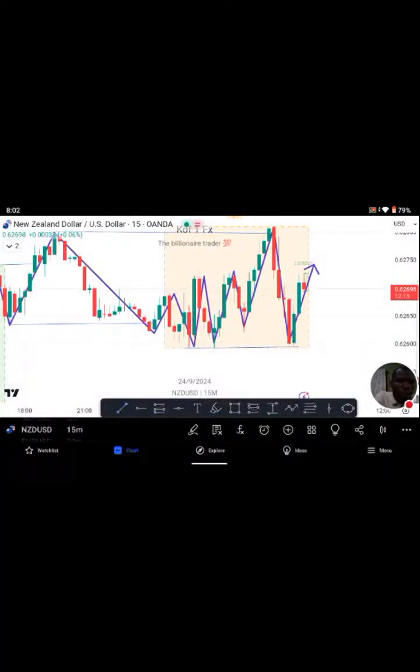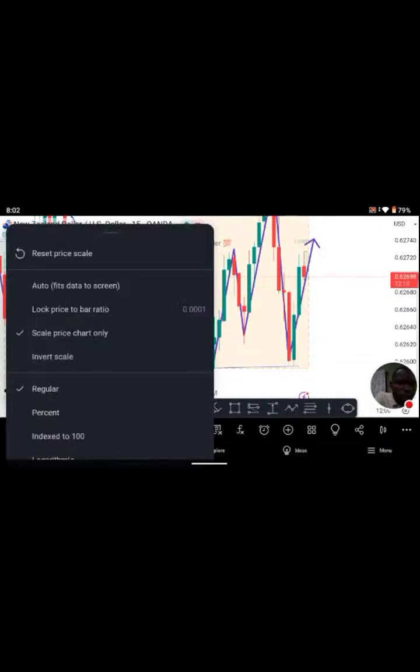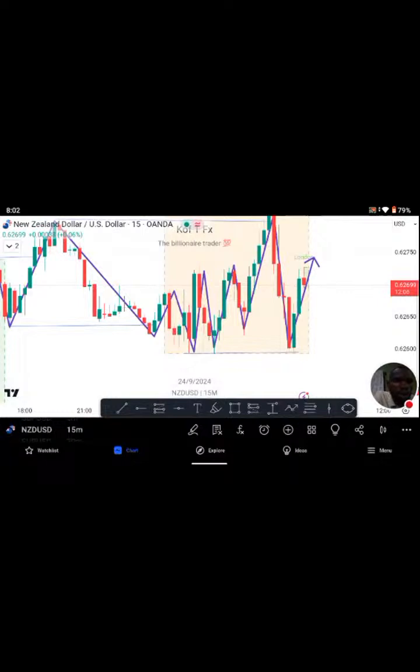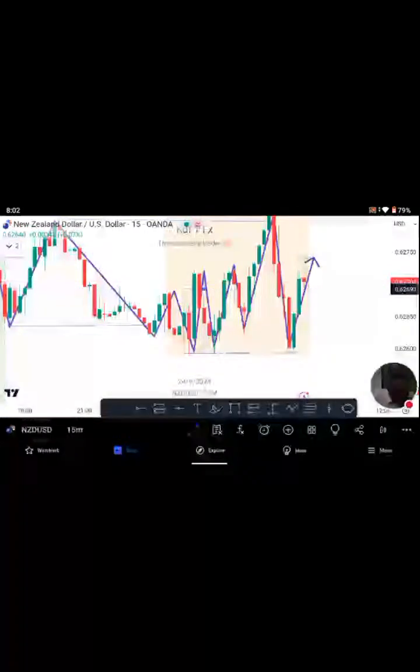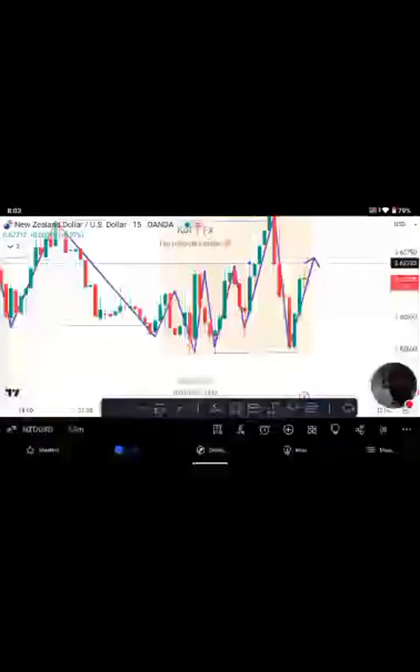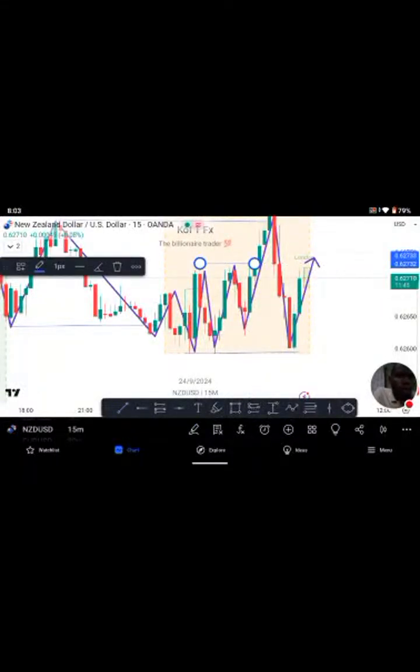Yeah, relative equal lows. So it's a pool of liquidity which price is likely to come back and clear. So now let's consider the internal structure. We have this, take out this IDM, one, and this also took out this IDM, two.